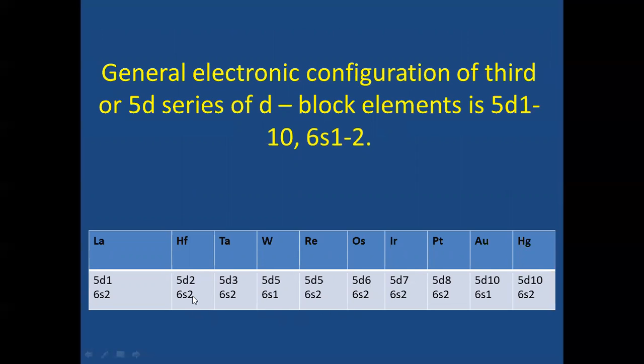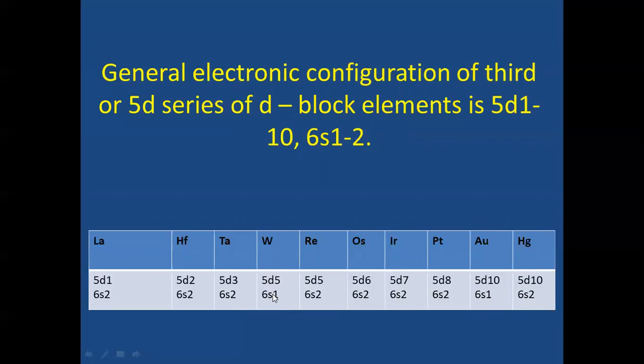Next is the third series, the 5d series: lanthanum, hafnium, etc. to mercury. Again, the same problem arises with tungsten, and then in the case of gold. Again we have to write xenon, then the 6 extra electrons: out of 6, 5 will enter 5d and 1 will enter s.